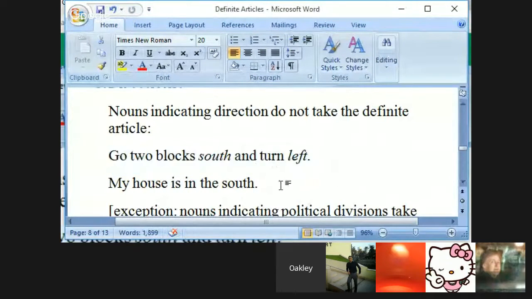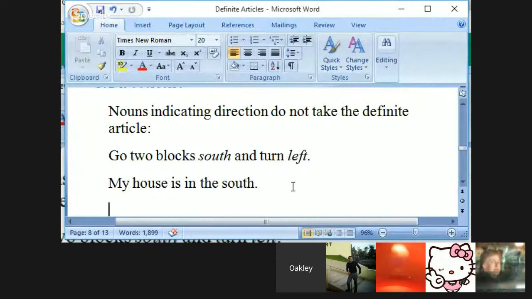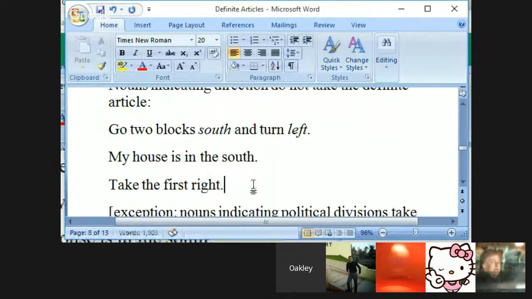You will hear directions like this, though: take the first right. Well, this is normal because I'm using an adjective which demands there's only one. There can only be one first. Now I have to use "the."